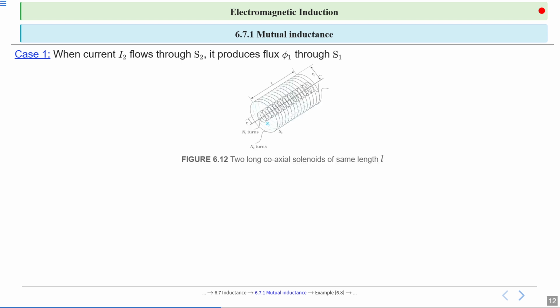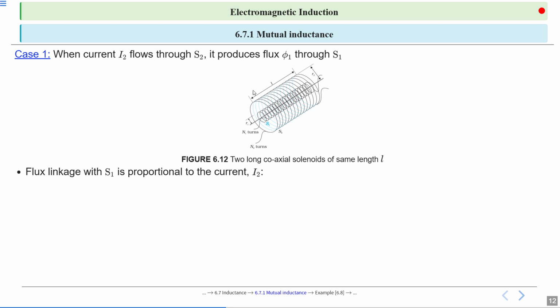Okay, you can see the diagram. Current is flowing through S2, that is I2. So it produces flux phi1 through S1. What is the mechanism here?